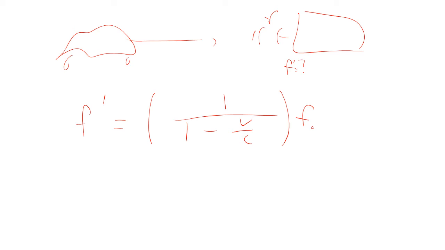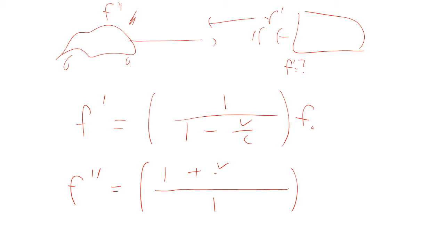Now that's the frequency that's coming back. So what frequency does the driver hear? We'll make that f double prime. Now they're the one that's hearing, so the detector is moving and the source is not moving. The detector is heading towards the source of the sound, so that's going to be 1 plus v over c times the sound that was coming towards them, f prime.